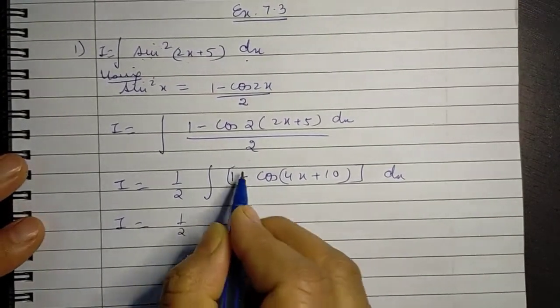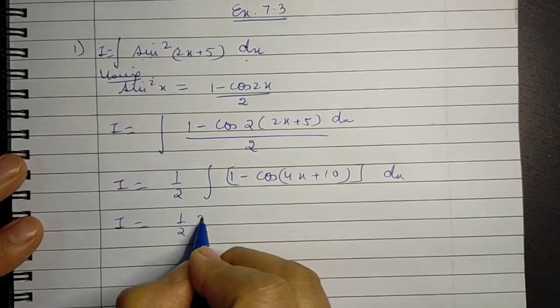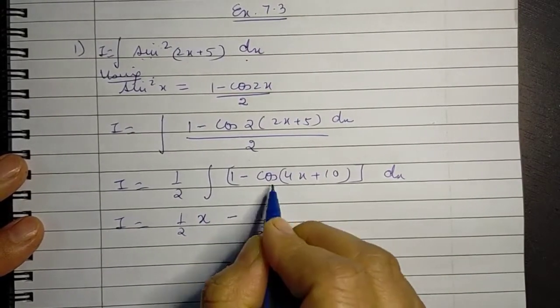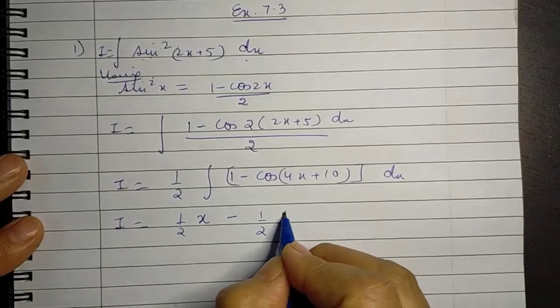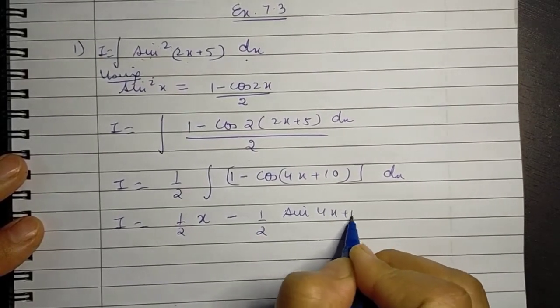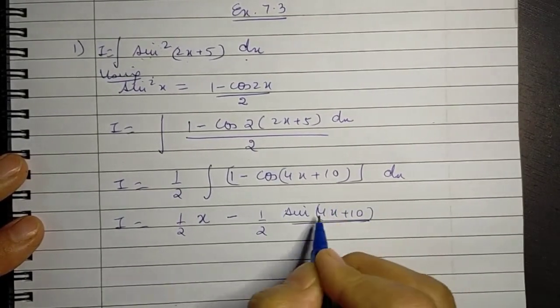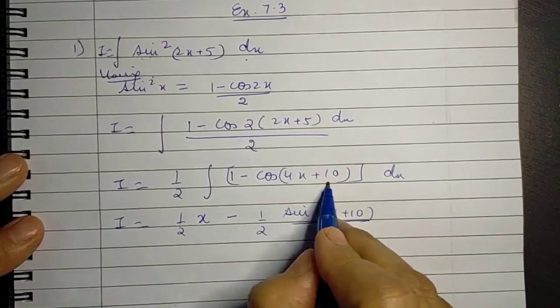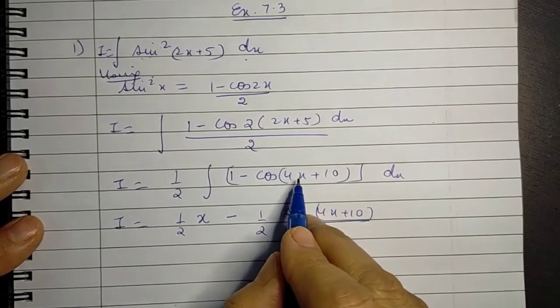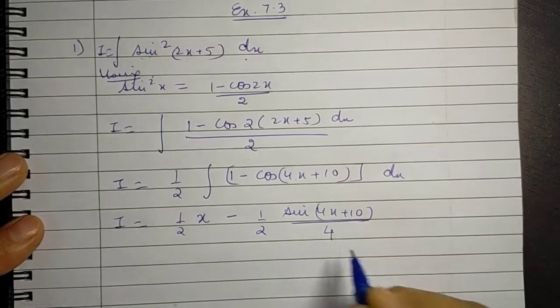So half of integral of 1 is x, minus half of integral of cos(4x plus 10), which, using the chain rule, is sine of (4x plus 10) upon the coefficient of x, which is 4.